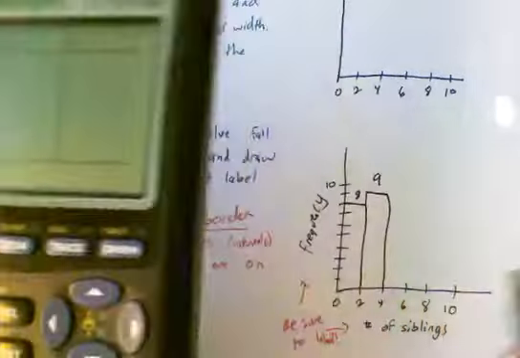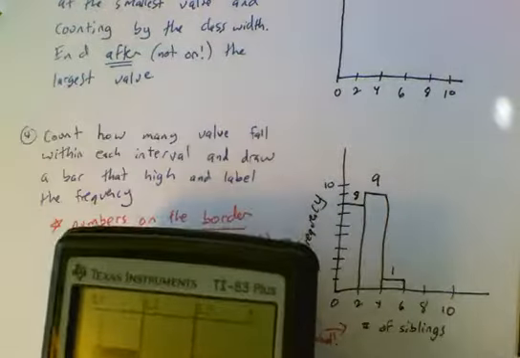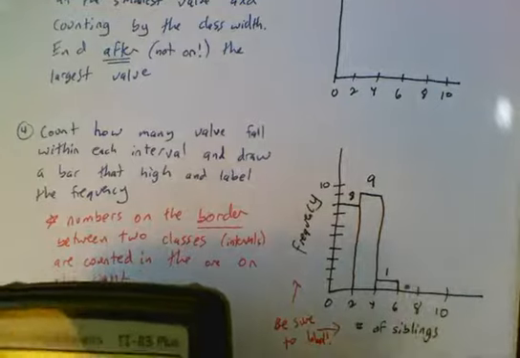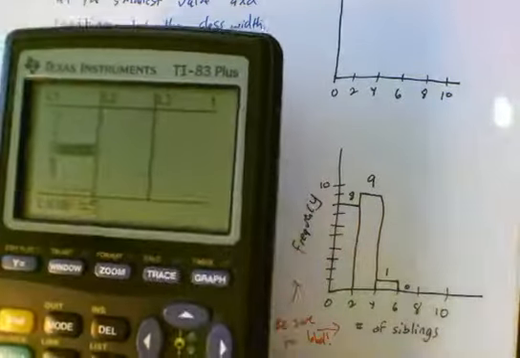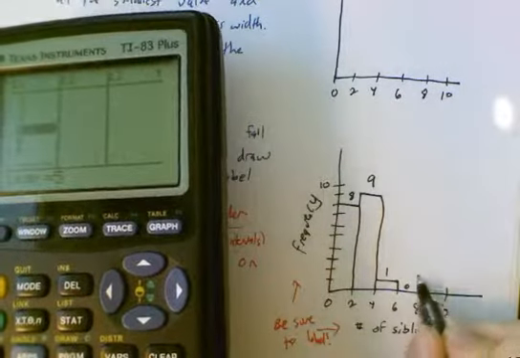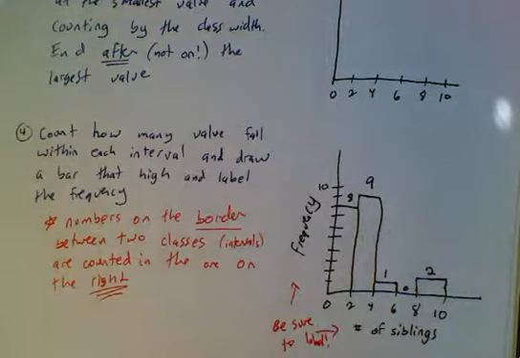Looks like we've just got 1 5. Numbers between 6 and 8. Remember, we're not including 8, so there are 0. And we have an 8 and a 9. So we have 2 in between 8 and 10. And voila! There is our frequency histogram.